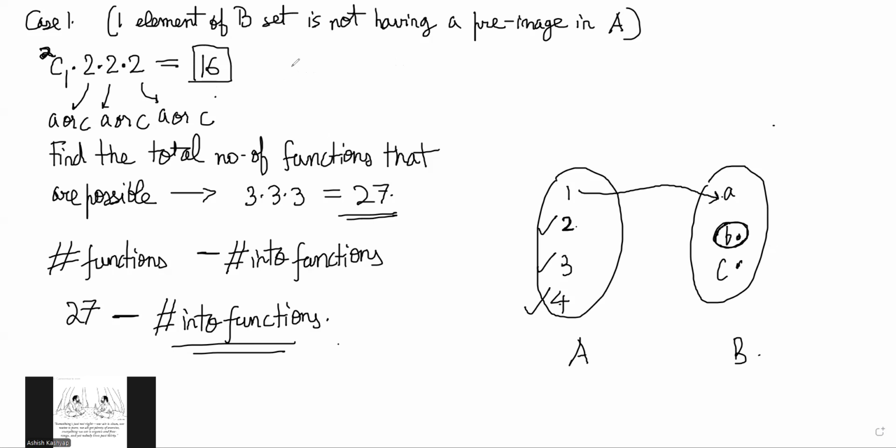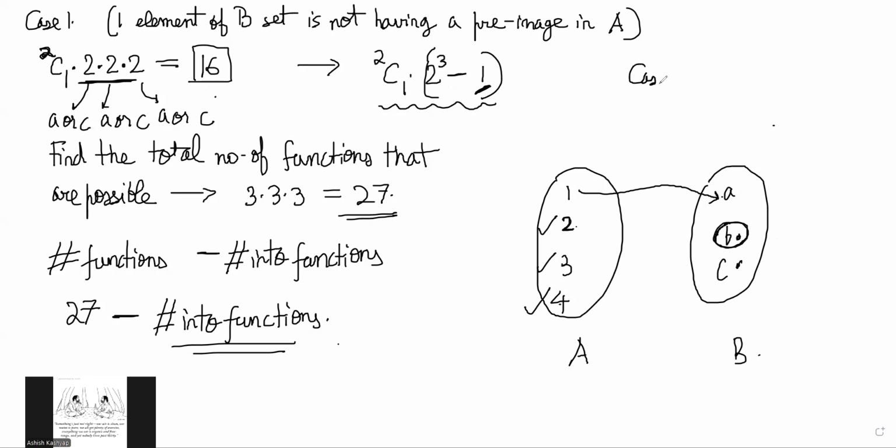So basically, we should count it like this, 2C1, and we have 2 to the power 3, but we have overcounted the case where all our elements are linked to a single element A, right? So this is the number of functions that are there which are just missing B. And we have excluded the one function where all the elements are going to a single element, right?